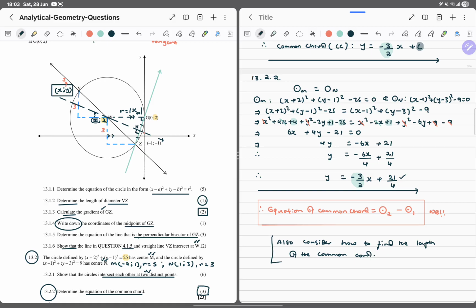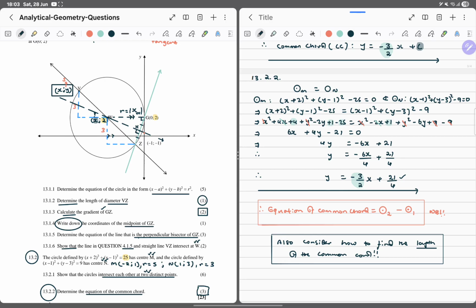Right, that's another note to take down, okay? Consider how one would find the length of the common chord. These are questions that can actually haunt you if you don't know your stuff. And unfortunately, it is demoralizing to find yourself struggling to answer those questions.